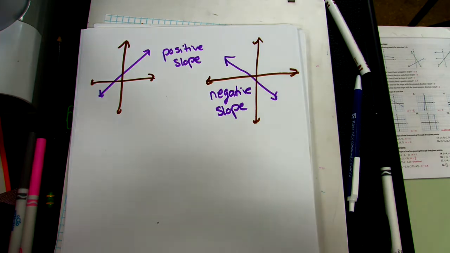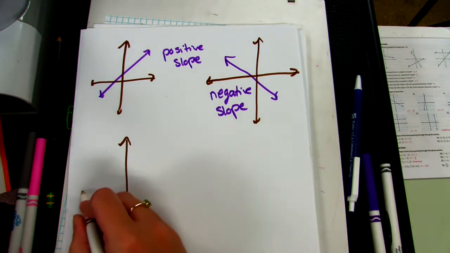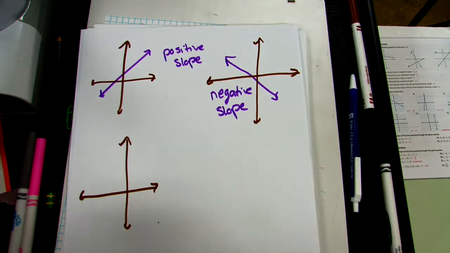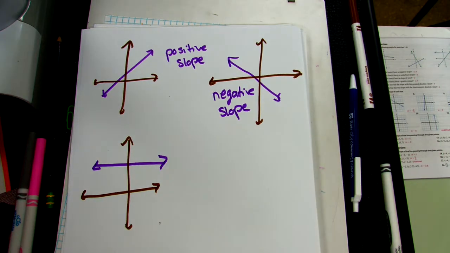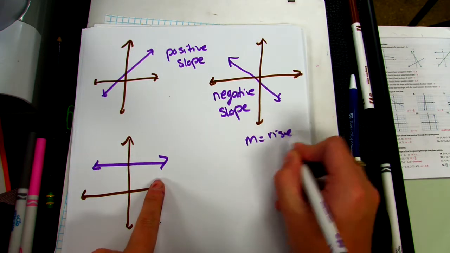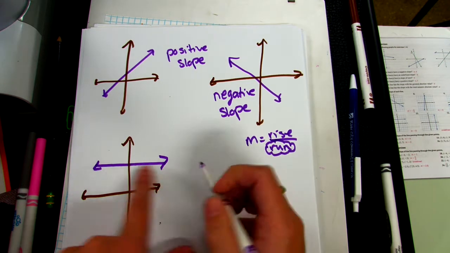Okay? Well, what about if we have a line like this? Here's our plane, and we have this line. Well, it's a horizontal line, and so horizontally, there's lots of changes, right? So remember, slope is rise over run. So the run part has a lot of changes.